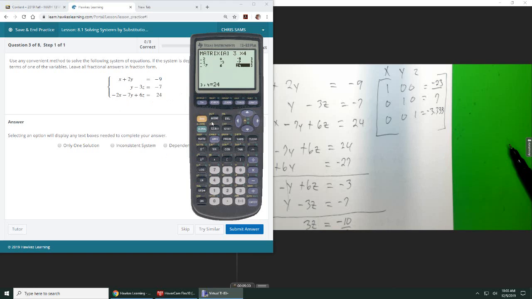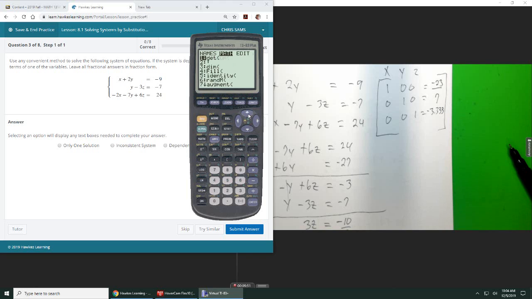Now, once we get everything in, you can just double check, make sure you got it all in there correctly, because that is a big issue too. Make sure you don't miss any keystrokes. Once you verify everything is correct, we're going to do second quit, and then go back to second matrix. So this x negative 1 button again. And then this time we're going to go to the middle, to math.